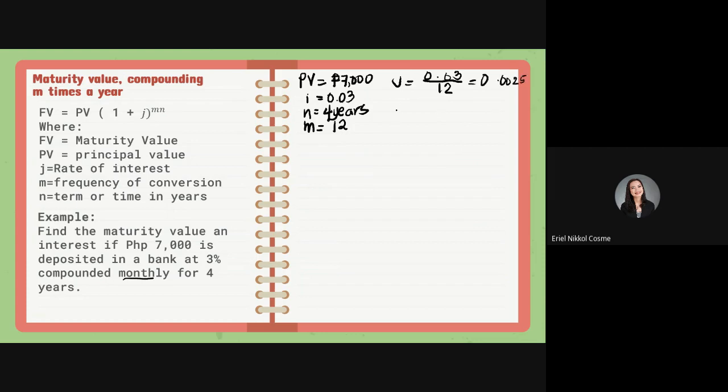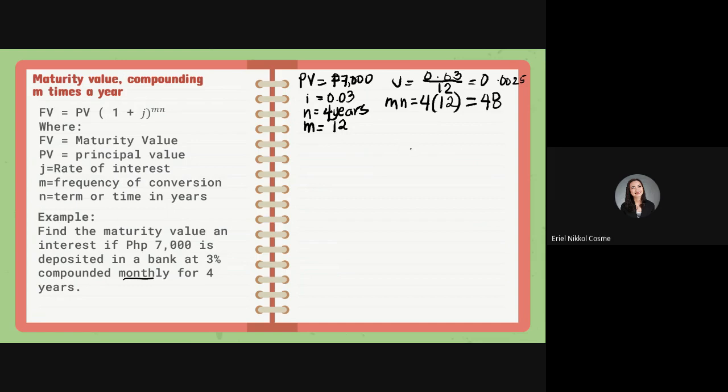Next, let us find our mn. So, mn is equal to 4 multiplying by 12. So, 4 multiplying by 12 is 48.